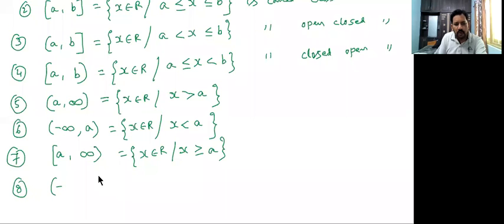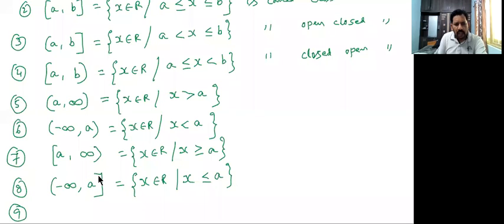Now open minus infinity comma a, closed. How do we write this? x belongs to R such that x is less than or equal to a. At a, closed is there now, so we have to write the equality symbol.